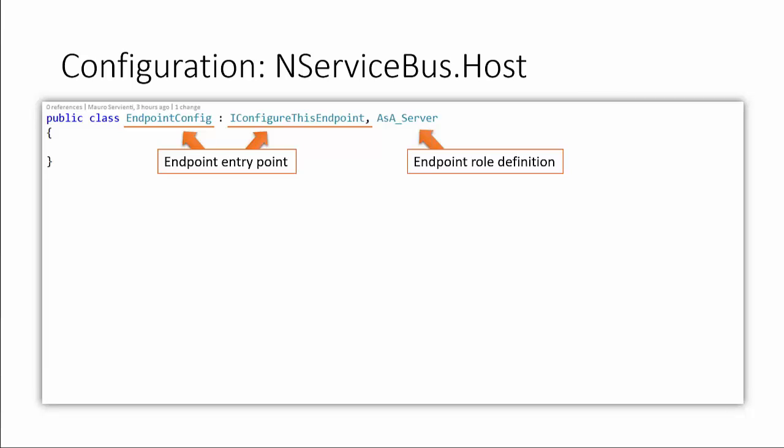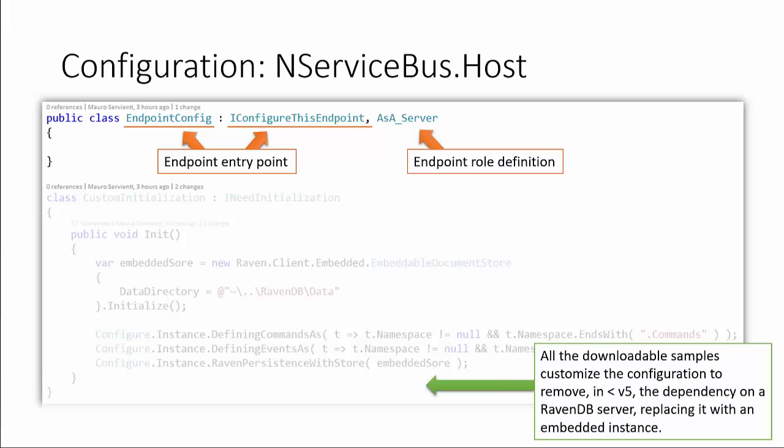In order to let the endpoint be a publisher, we need to define the endpoint as a publisher. That simply tells NServiceBus that these endpoints will be capable of publishing events to the outside world. The other available role is as a client. That basically means that the endpoint will be a send-only endpoint that cannot receive any message and will only deliver messages to the outside and cannot publish any message.